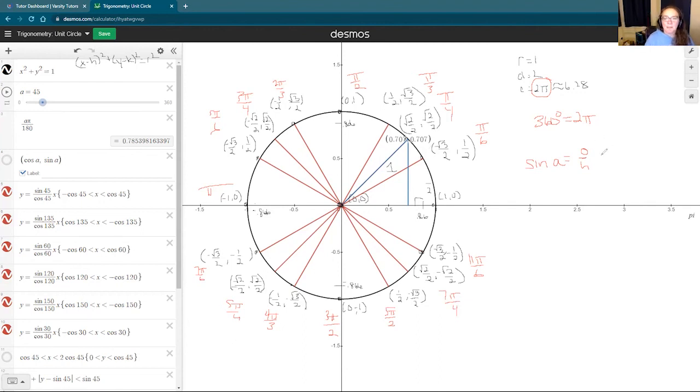So it's always going to be y, and then the hypotenuse is 1, isn't it? Since we have the radius of 1, right? No matter what the degrees are, it's always 1. Okay, so sine of A will always be y. Okay? So cosine of A is always going to be adjacent over hypotenuse, or in other words, x over 1. Cosine of A is x.